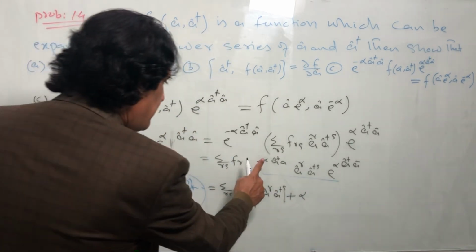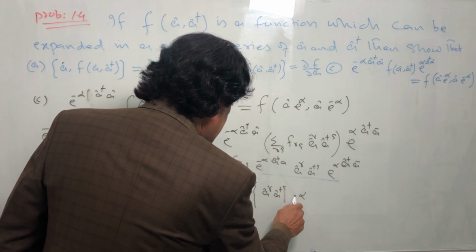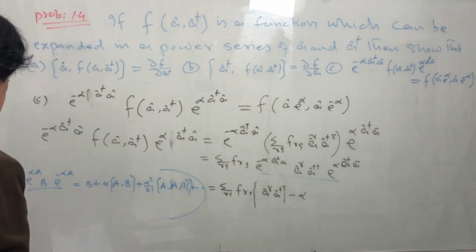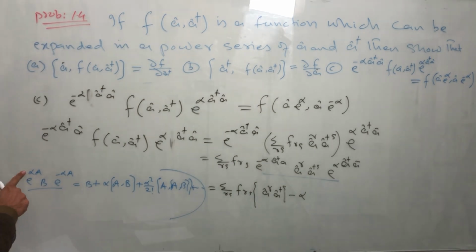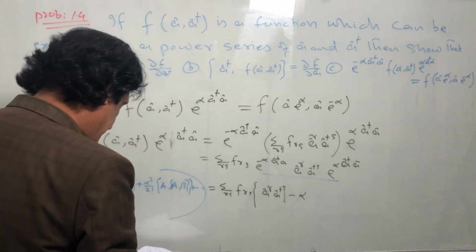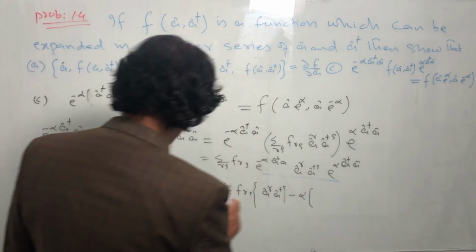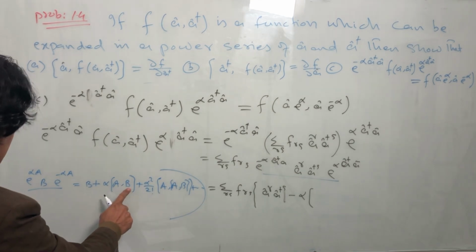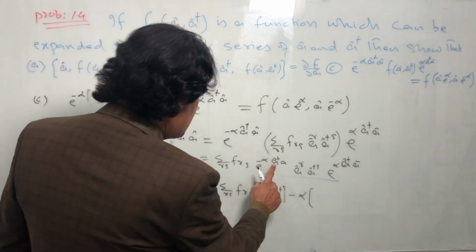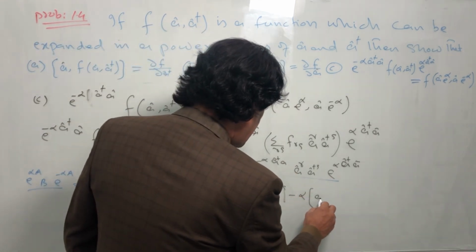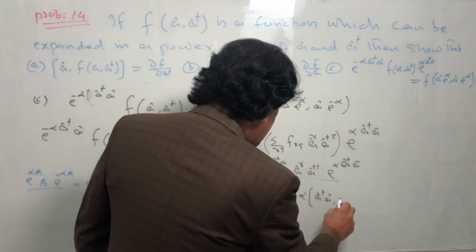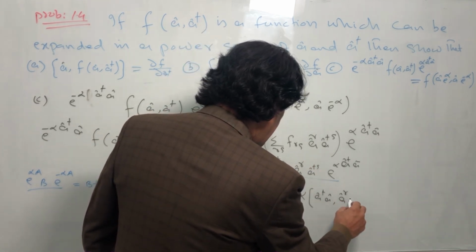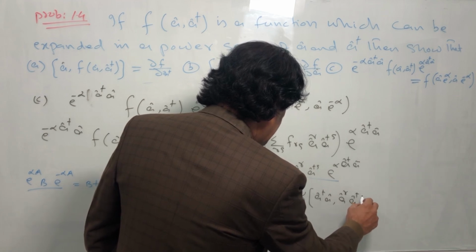We have minus here, so we can take this minus, because here this is plus, and the commutator of A and B, where A is a dagger a and B is a to the r a dagger to the s.